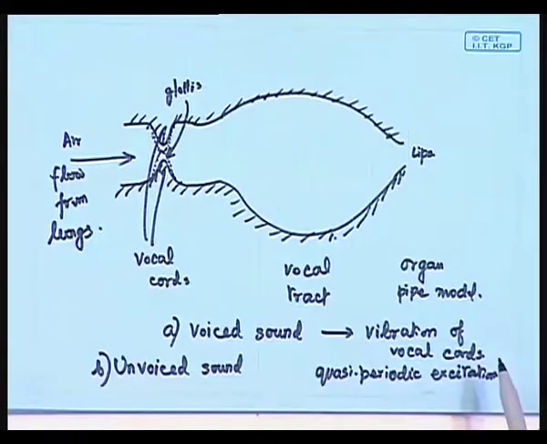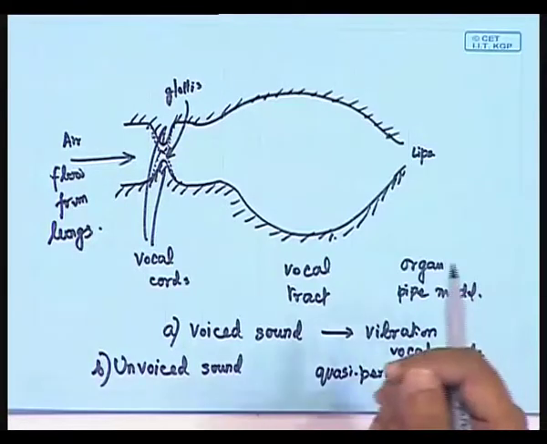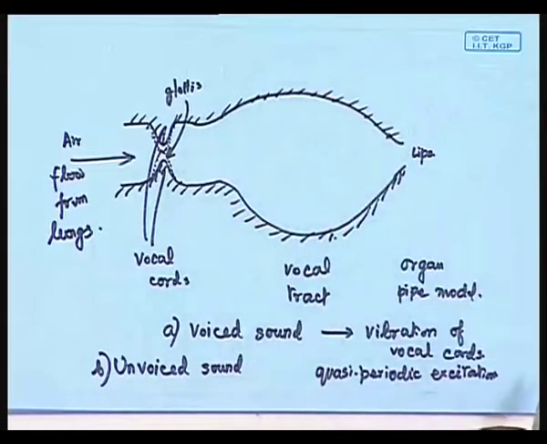So, the source of excitation interestingly changes, okay. At times we have the quasi-periodic excitations as the source of excitation in the vocal tract, and at times we will be having a noise-like model for the production of sound, okay.